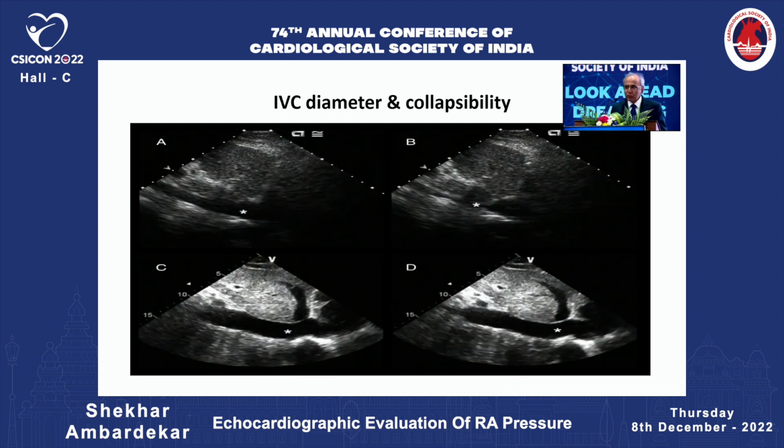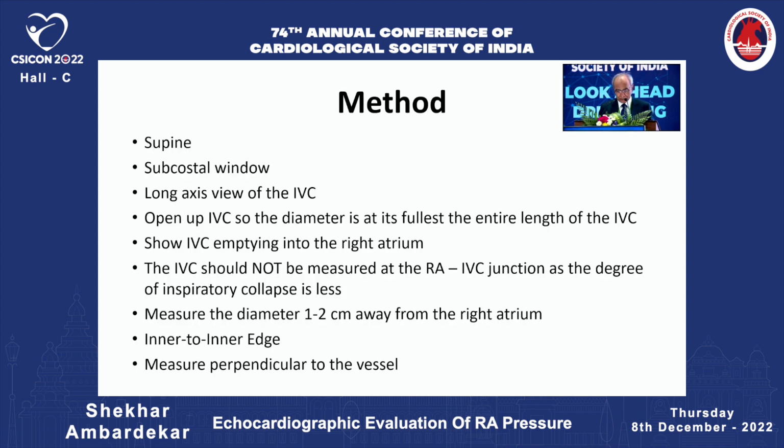So the most common method that we use is IVC diameter and collapse of IVC during inspiration, because during inspiration there is negative intrathoracic pressure, and IVC is expected to collapse. Or, its absence, of course, if the IVC is dilated and it is not collapsing, helps us in diagnosis of raised RA pressure.